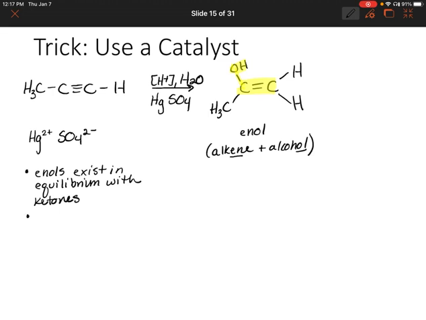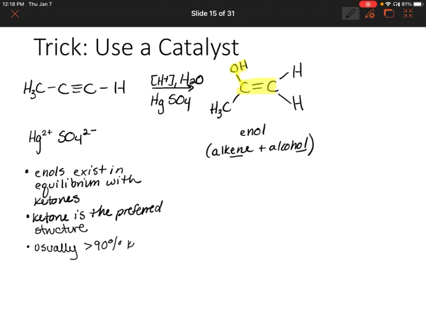And actually, the ketone is the preferred structure. So even though we have an equilibrium system between an enol and a ketone, usually we have a majority ketone. So usually our mixture would be greater than 90% ketone.